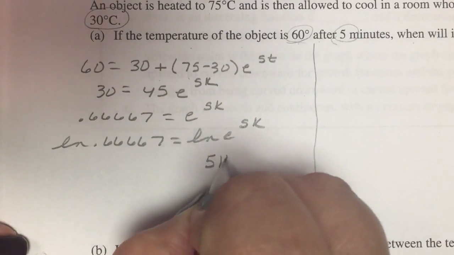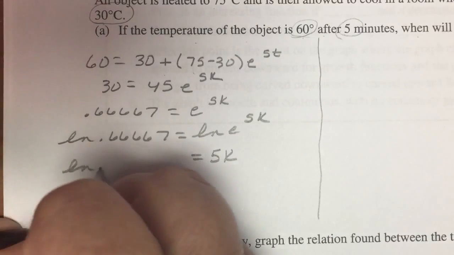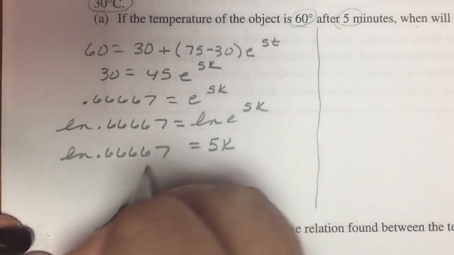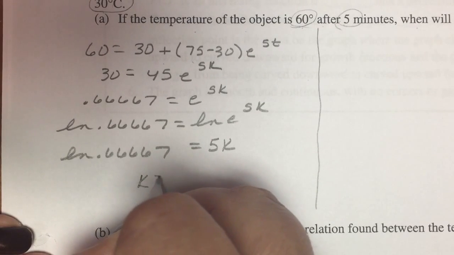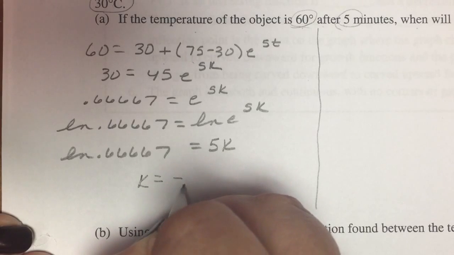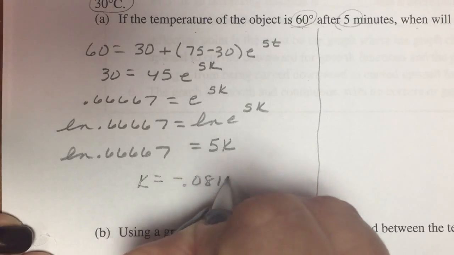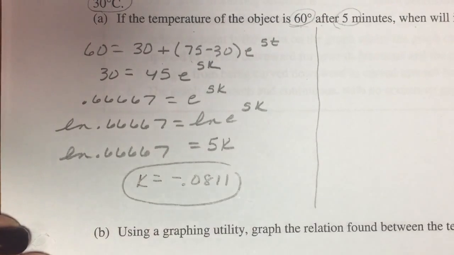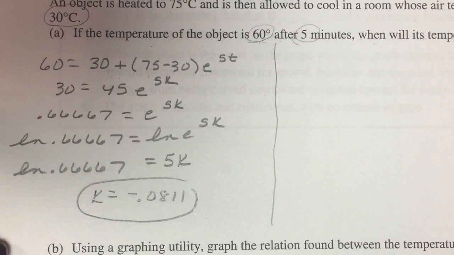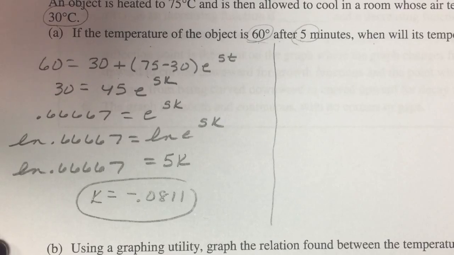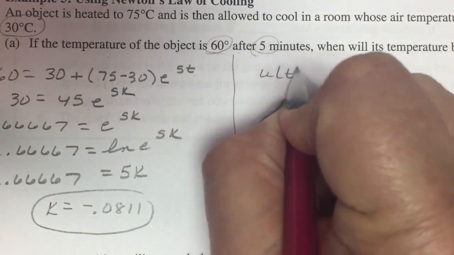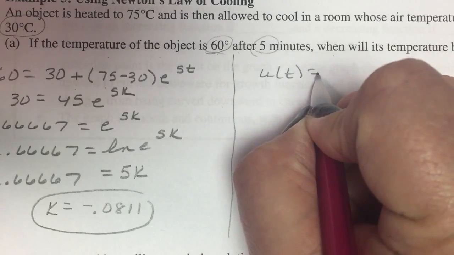So we get 5k is equal to the natural log of 0.66667. If you divide that natural log by 5, you get approximately negative 0.0811. So that is my k. That is how fast this object is cooling. It's at 8.1%.